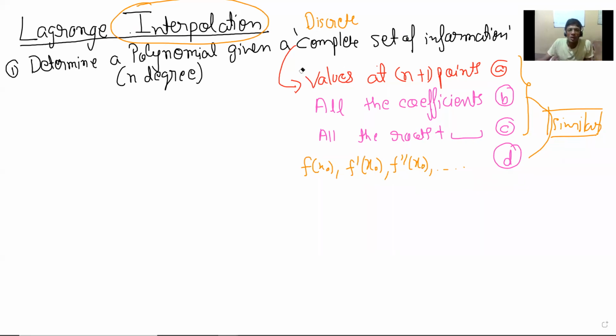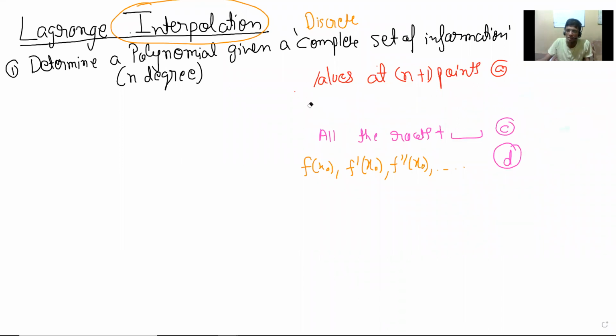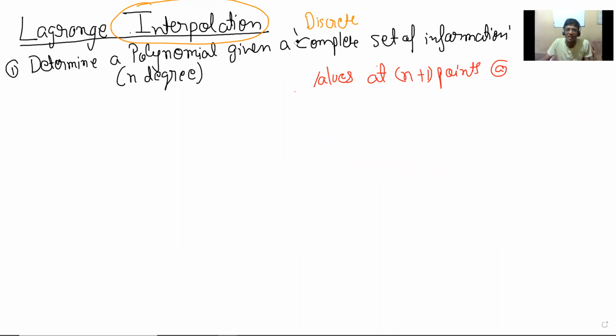Okay, so now we really want to say how that information is determined, right? Or rather we'll focus on point A and try to see how it is determined. I don't have many examples at hand right now, but you can see.